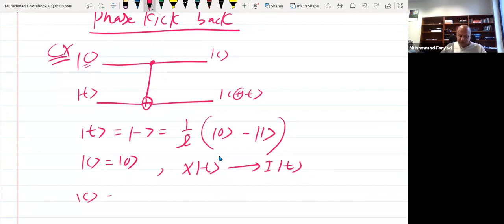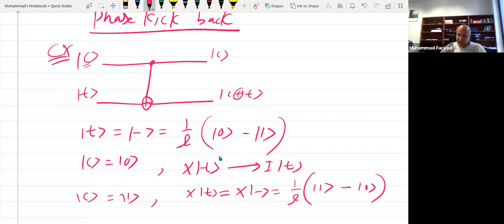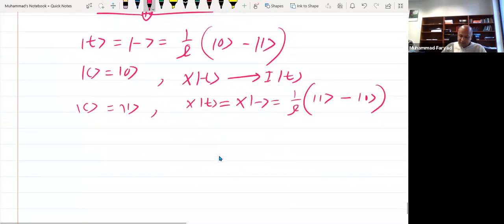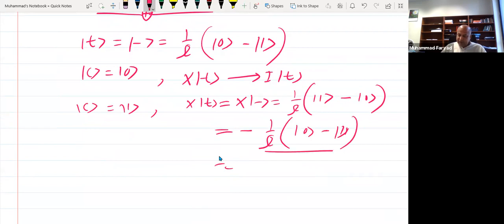But if control is 1, then X gate is applied to the target, which is X. This becomes 1 over square root 2, and I can write 0 first and 1 later. And this is nothing but minus state again. So what happens is that when control is 1, a negative sign appears in front of minus state.